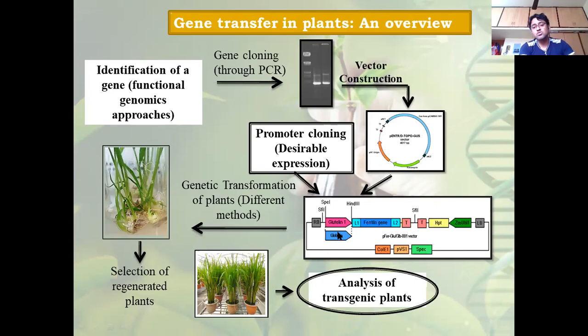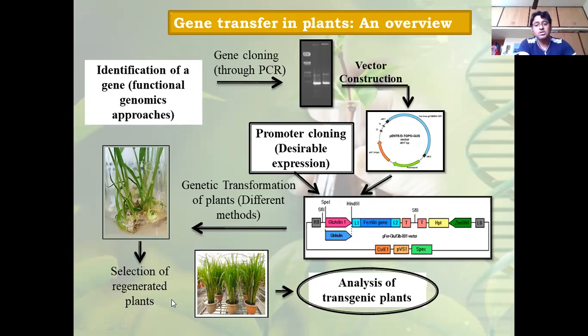This promoter you can change depending on your criteria, the plant's criteria, and then ultimately this binary vector will be introduced into Agrobacterium, or through biolistic you can also transform it, and then the transformed plants are generated through tissue culture and regeneration, and then the regenerated plants are selected on different antibiotic selection media, like hygromycin, kanamycin, or BASTA.